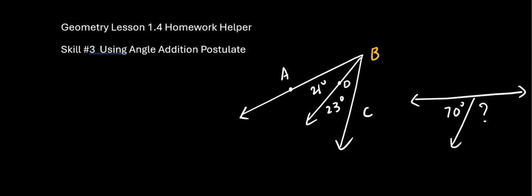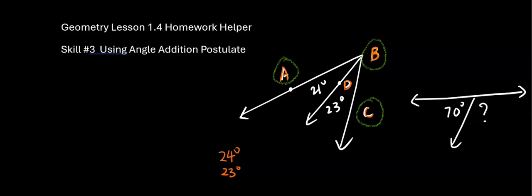The second problem says angle ABD, and I'm going to give it some color, is 24 degrees. Angle DBC is 23 degrees. It asks us what is angle ABC.